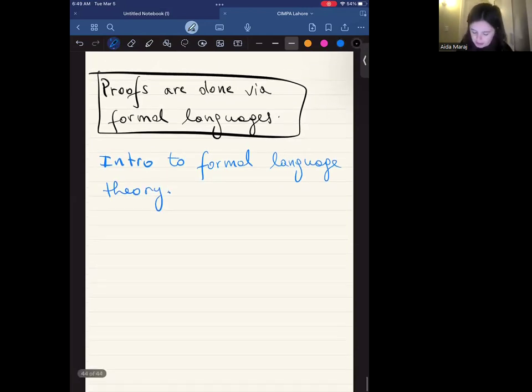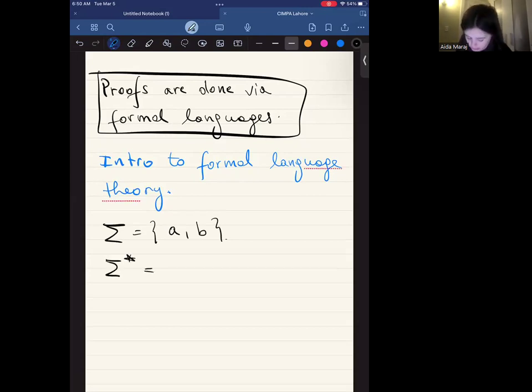So we are talking about languages. Let's start with an alphabet. Let's take sigma to be just an alphabet with letters A and B, let's say, and then sigma star will be the free monoid on this sigma. So it will be epsilon, where epsilon means empty, A, B, AA, AB, BA, BB, and so on.